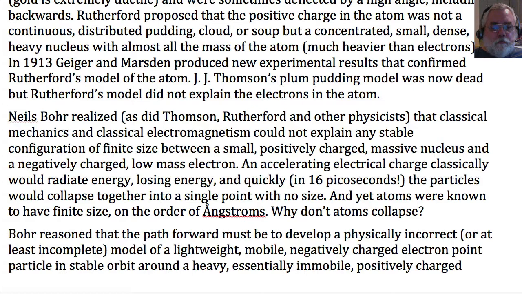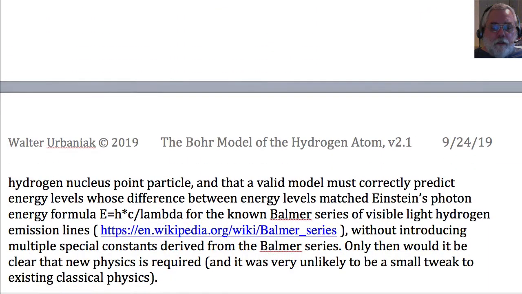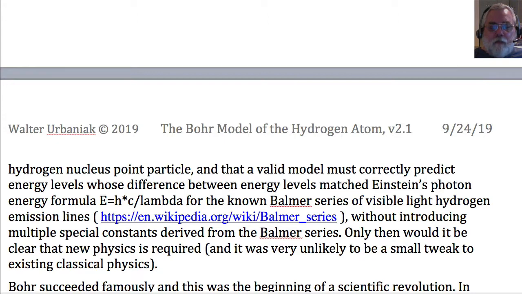Bohr realized that the path forward must be to develop a physically incorrect, or at least incomplete, model of a lightweight, mobile, negatively charged electron point particle in stable orbit around a heavy, essentially immobile, positively charged hydrogen nucleus point particle, and that a valid model must correctly predict energy levels whose difference between the energy levels matched Einstein's photon energy formula, E equals hc over lambda, for the known Balmer series of visible light hydrogen emission lines, the Wikipedia page Balmer series, without introducing multiple special constants derived from the Balmer series.